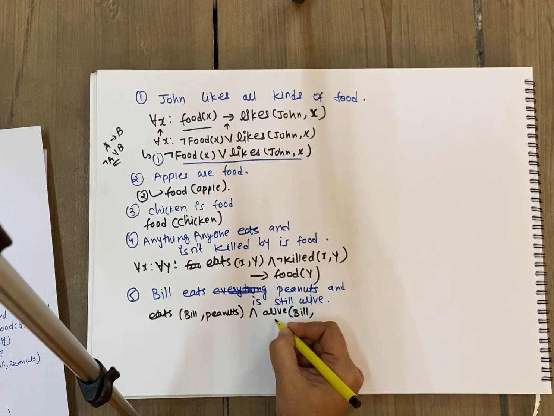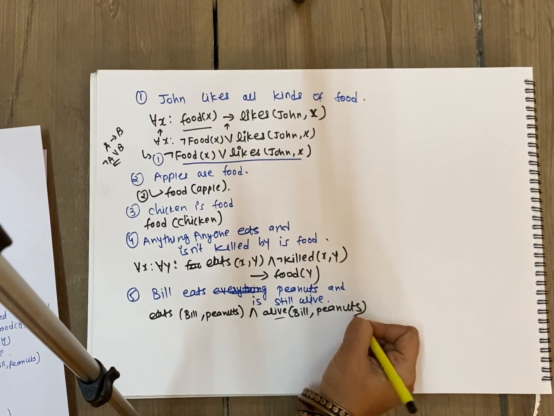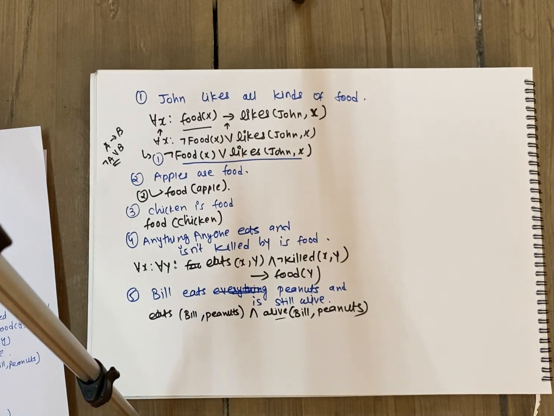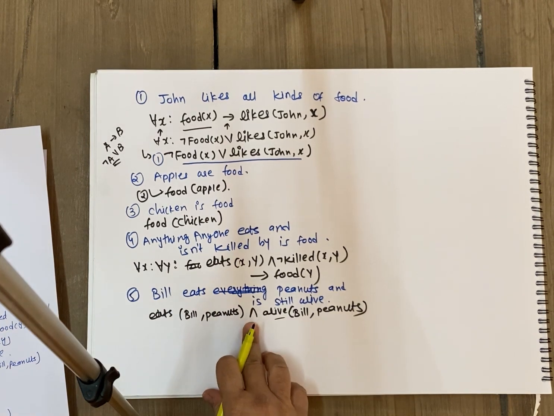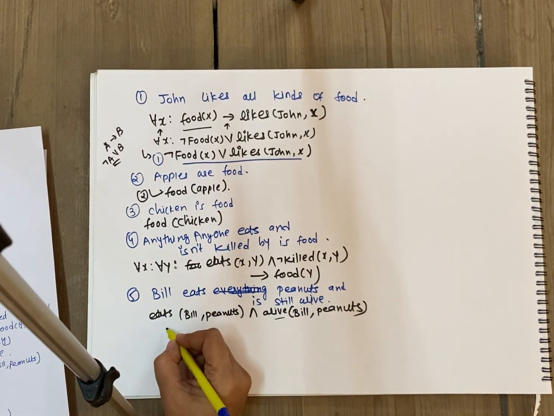So there are two arguments in alive also: Bill, comma, peanuts. Yes. So now if we convert this to clause form, what will happen? Do you have any implication? No. Do you have any quantifier? No. But an operator is there, and operator. What is the rule for conjunction? The rule for conjunction says both predicates should be considered separately.